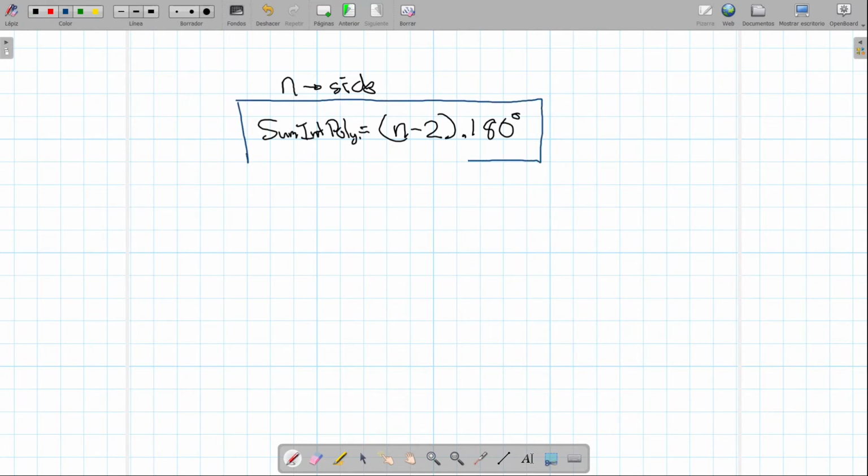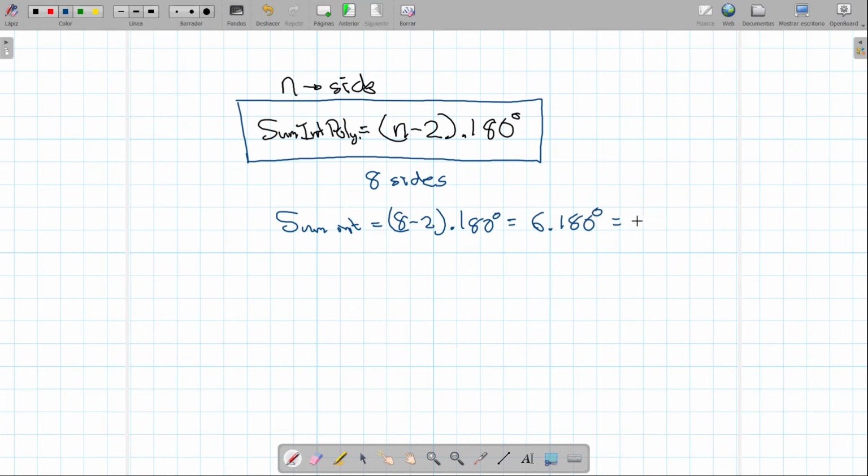Okay, so if we had a polygon of 8 sides, we would have that the sum of the interior angles would be 8 minus 2 times 180, which is 6 times 180, which is 1080.